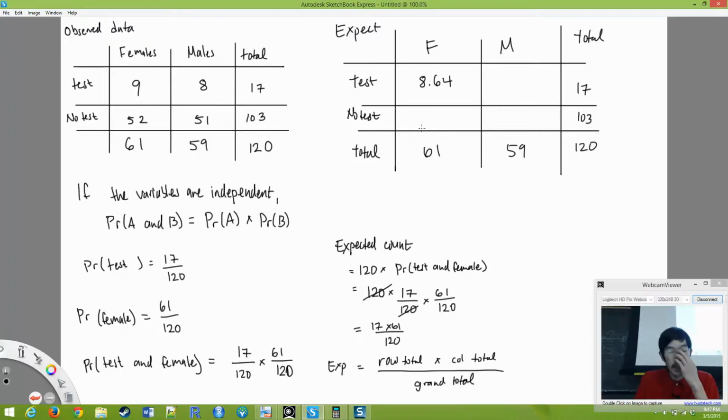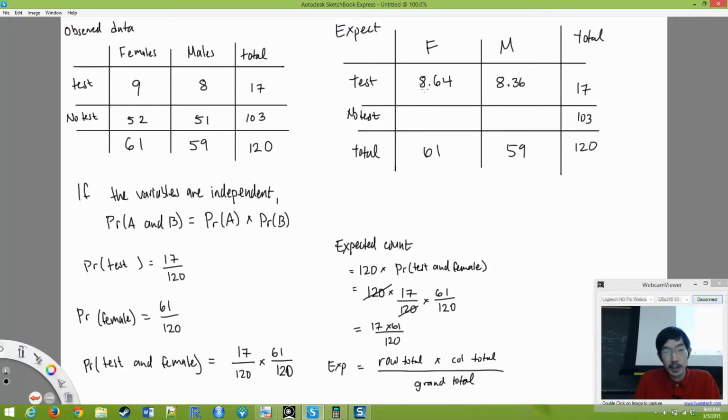Okay, and I can do that for all three other cells, but also if I have 8.64 here and the row has to add up to 17, what number has to go over here? 17 minus 8.64, which is 8.36.